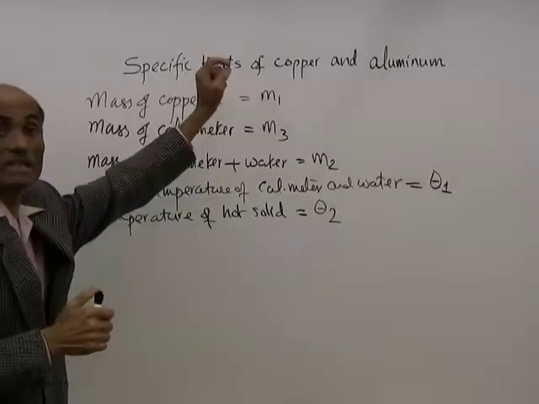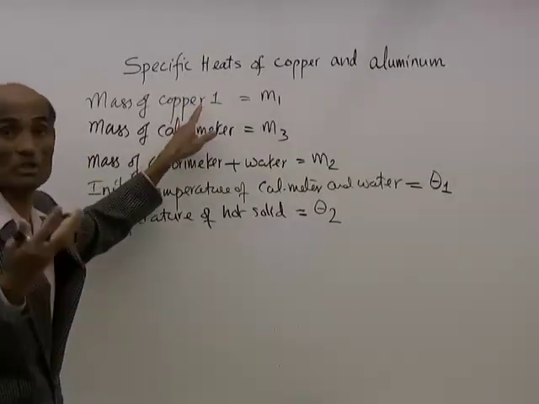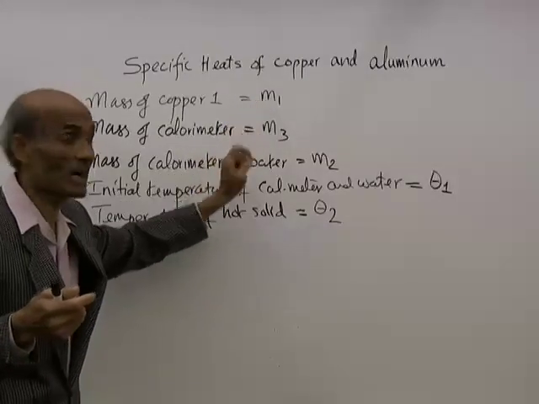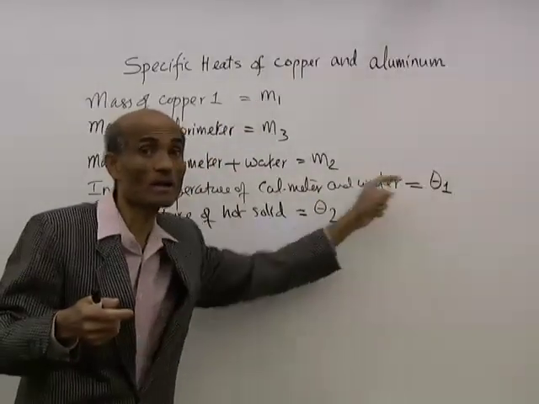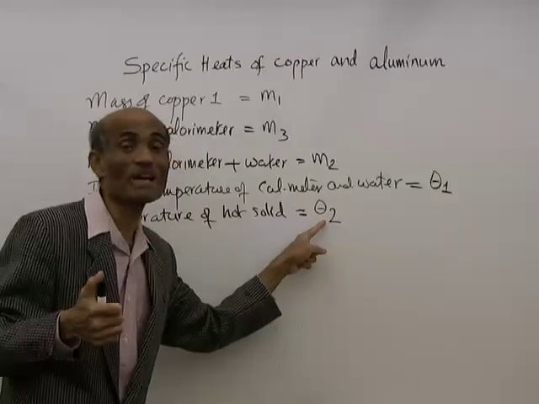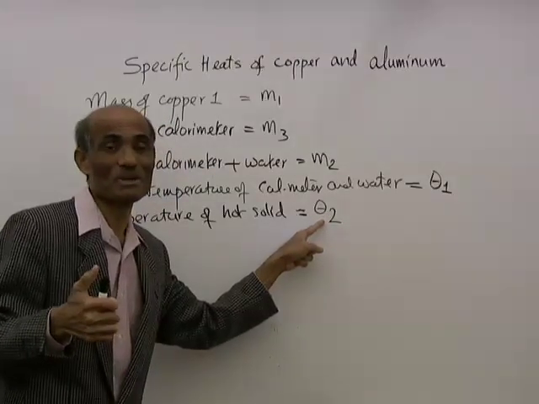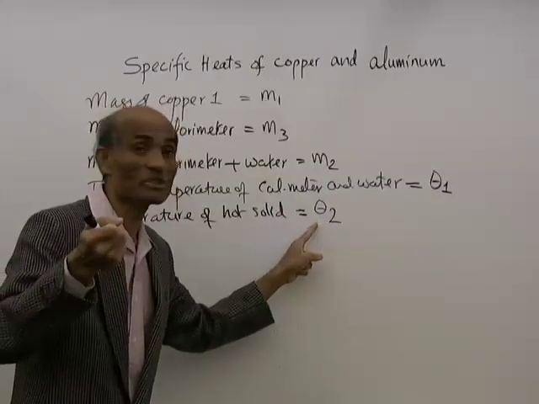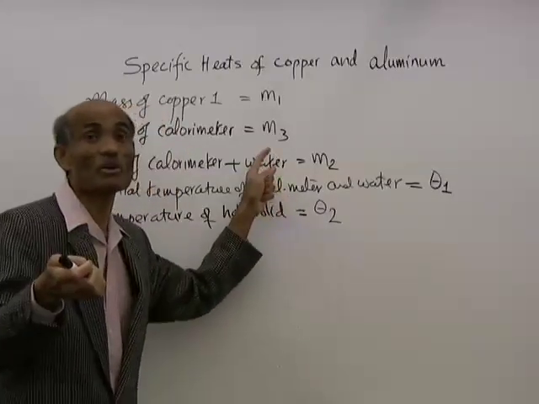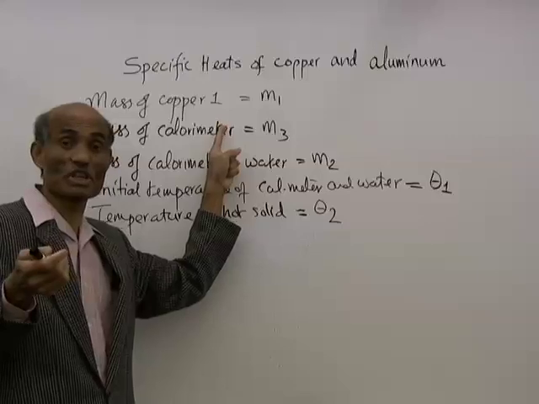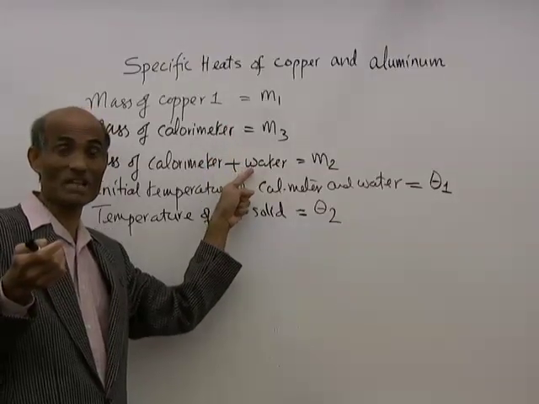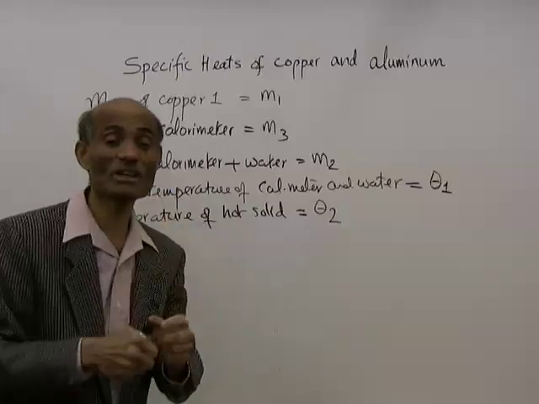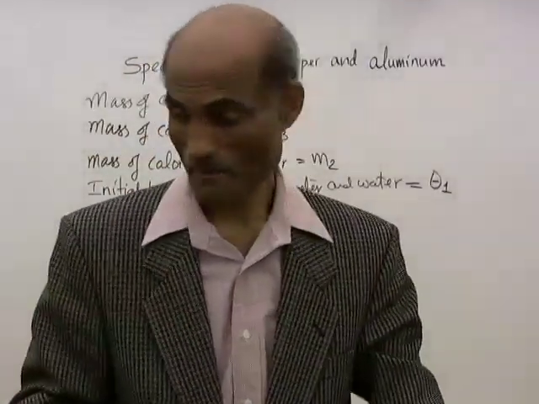Okay, so we take a solid of mass M1, heat at a temperature 31 and heat it to a temperature 32. What we are now going to do is that hot solid at this temperature is now going to be transferred to this calorimeter that contains this water, and then measure the equilibrium temperature.